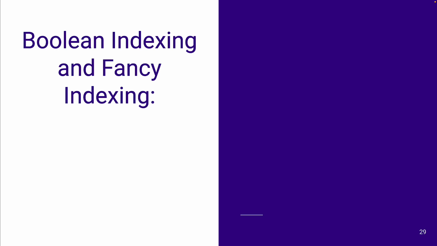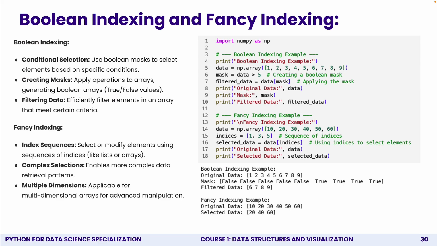So we also have different types of indexing, which are Boolean indexing and fancy indexing. What does it mean? Boolean indexing means that we can do conditional selection, or even create masks on the data. We can mask some data, remove some data using a mask. Let's see the example over here. You have a NumPy array from 1 to 9, and you want to make a mask so you only keep the data that is strictly greater than 5. So you can do a mask like this, data greater than 5. This returns a Boolean value, true or false, and everything false will be removed.